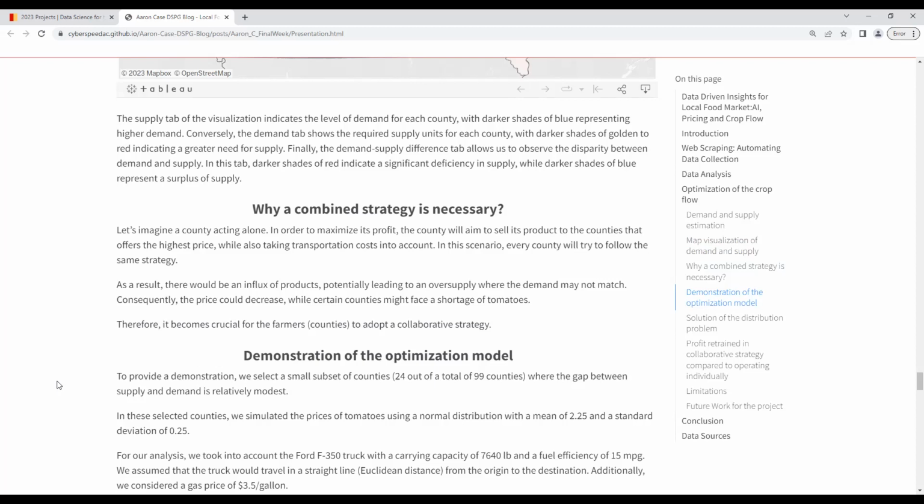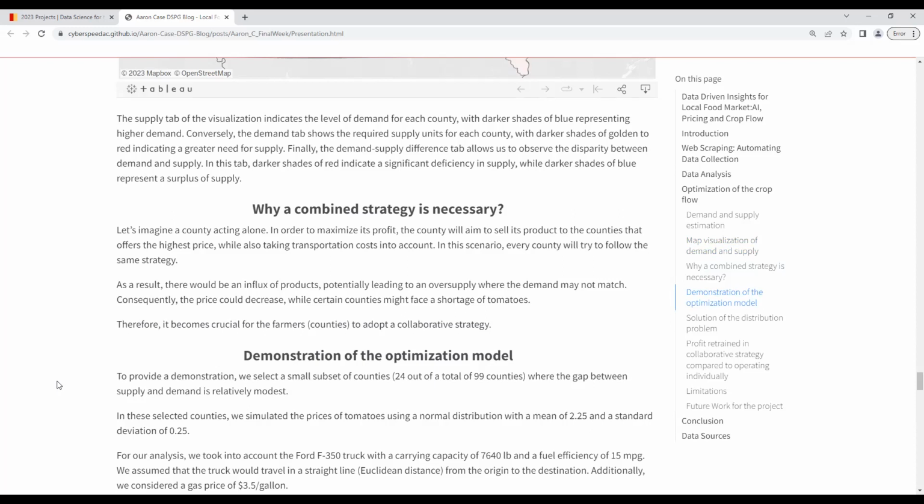In this scenario, every county will try to follow the same approach, and they will be competing for the same set of counties. All of them will try to sell to the same counties. This will make an influx of supplies.